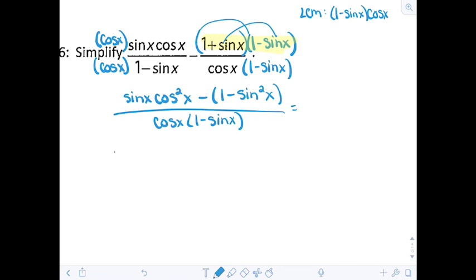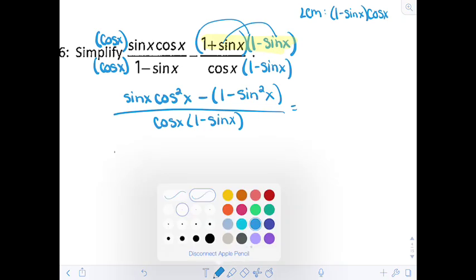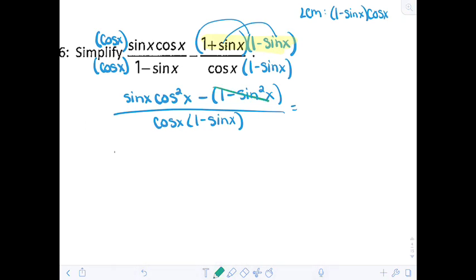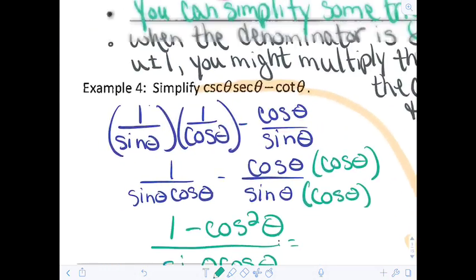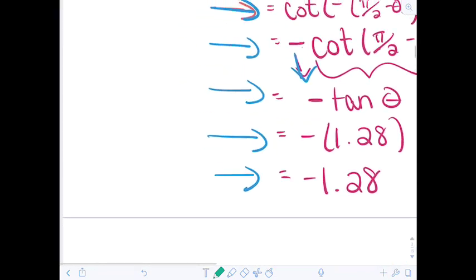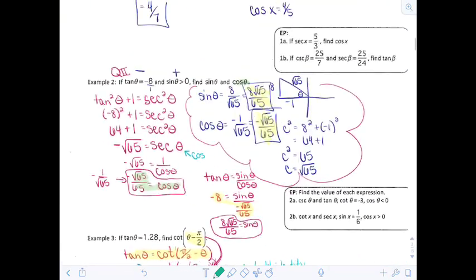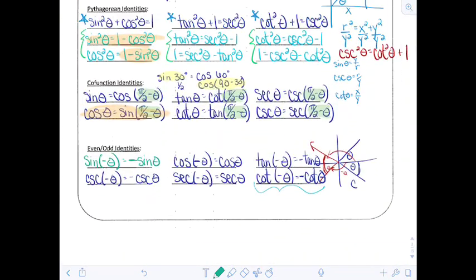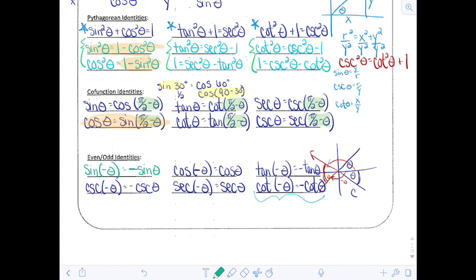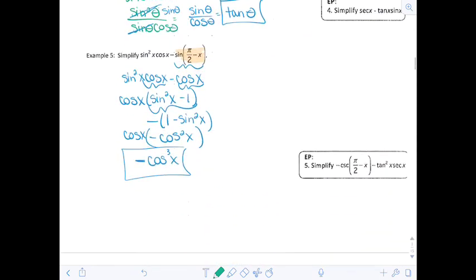Okay, so not done. This is definitely not simplified, but here's what I do see. If you go back up and look at your identities and just get used to it, you're going to be flipping back to those things a lot. 1 minus sine squared, rather, is cosine squared.